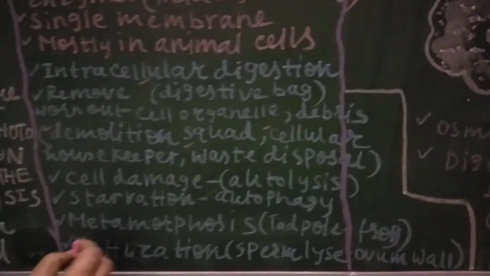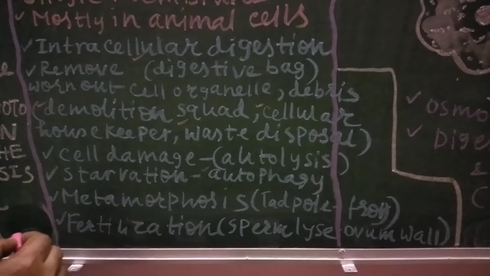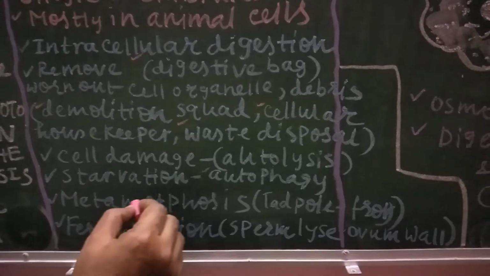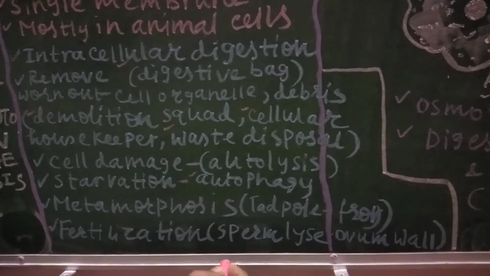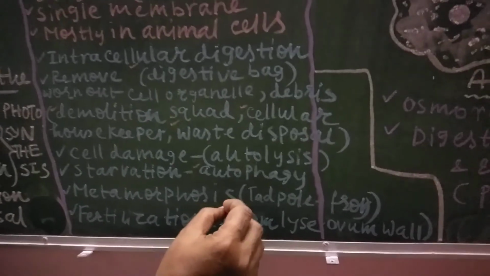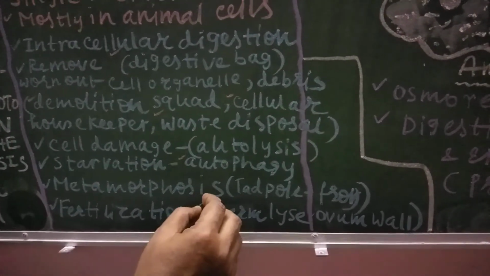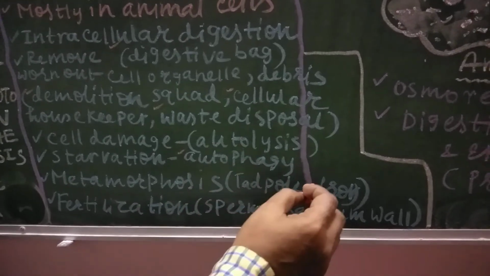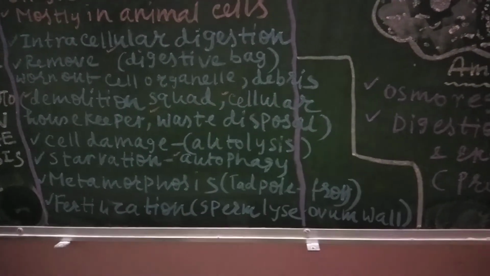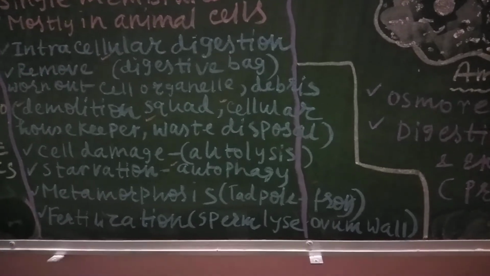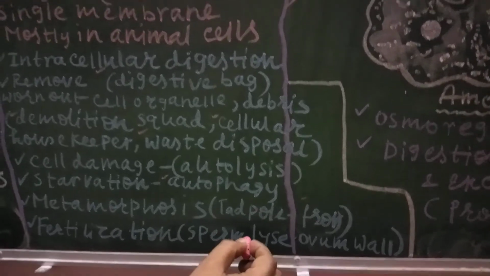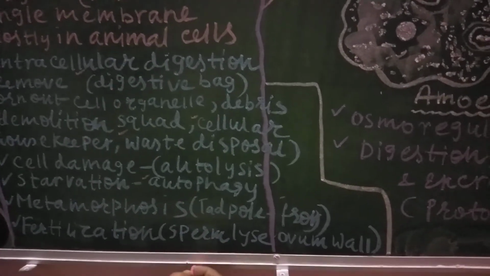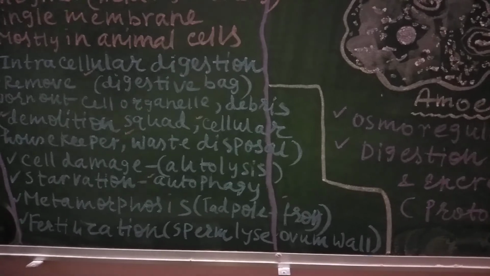They also help in the process of metamorphosis, when structures in tadpoles like the tail and other structures responsible for aquatic adaptation are removed and gradually they form into a frog. They also help in fertilization, when the sperm tries to enter the ovum to lyse the wall of the ovum.